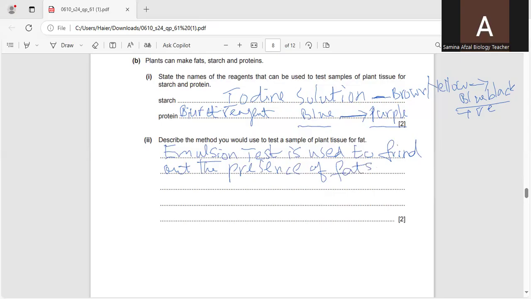For this purpose, we will add ethanol to the sample, whether it is in the form of solution or any other form, sample plus ethanol. We will add ethanol and then we will add water into it. And then we will shake thoroughly.